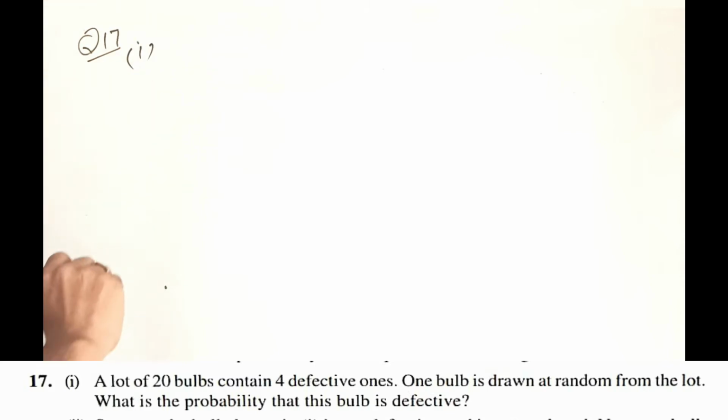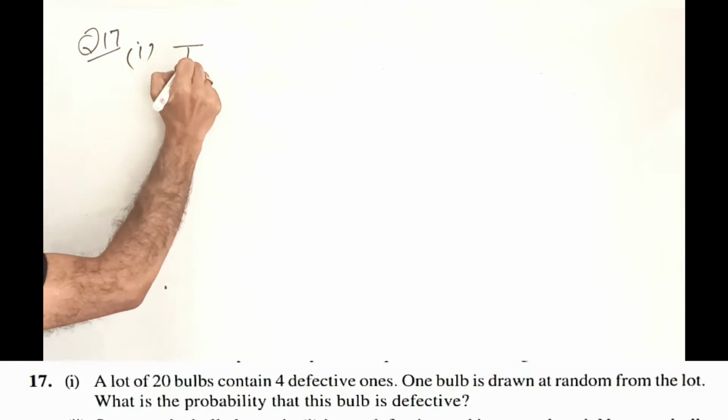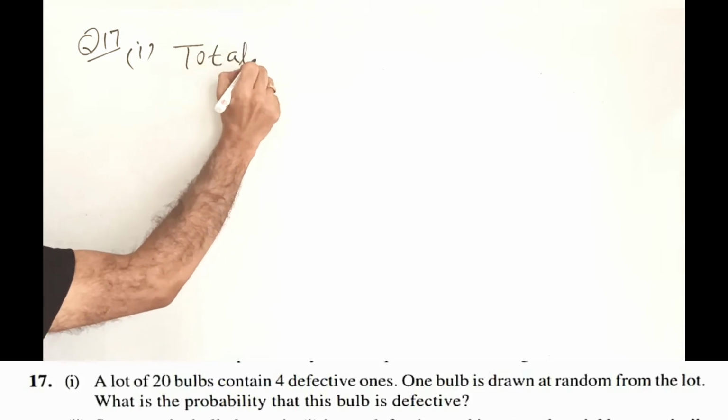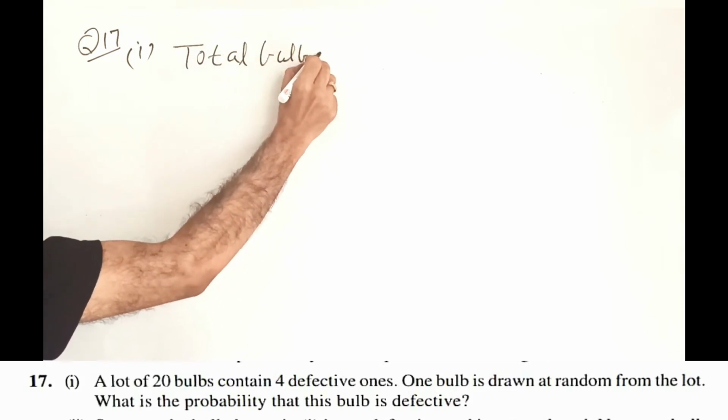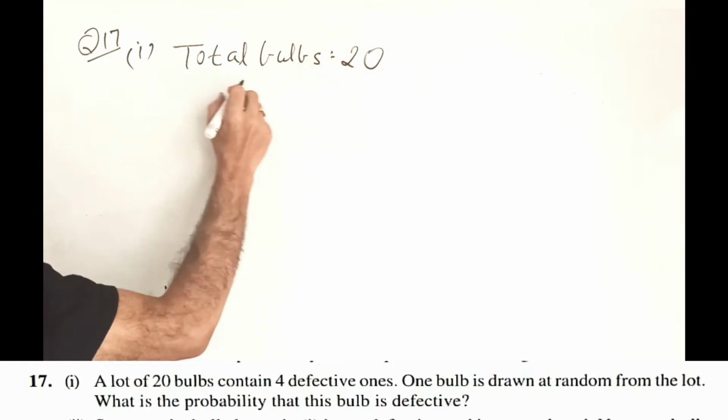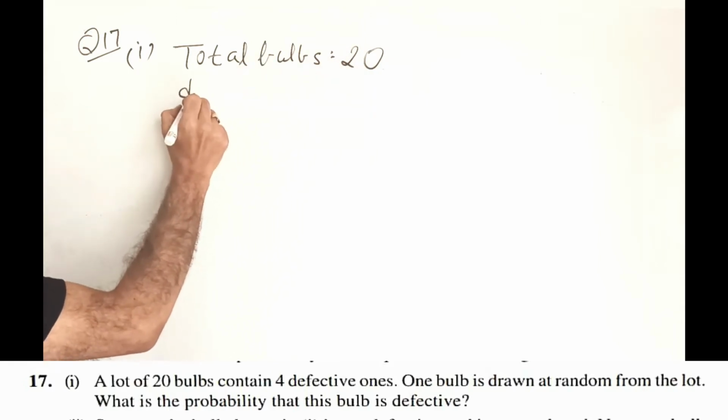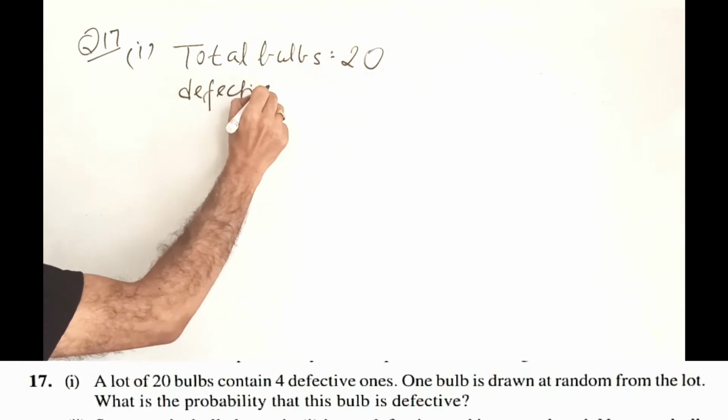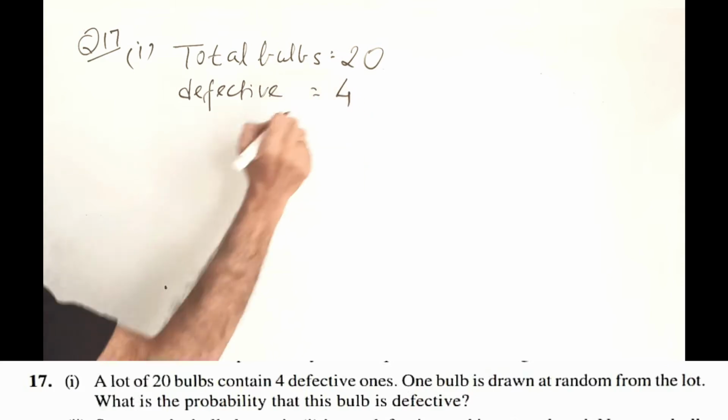In a lot of 20 bulbs, 4 defective bulbs are there. One bulb is drawn at random from the lot. What is the probability that the bulb is defective? So very simple. The total bulbs are 20 and the defective bulbs are 4.